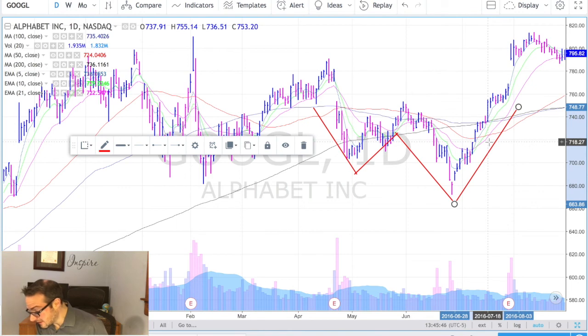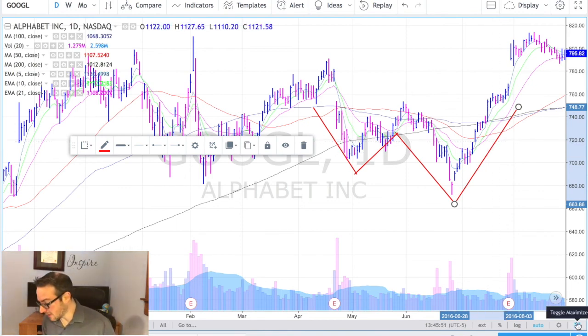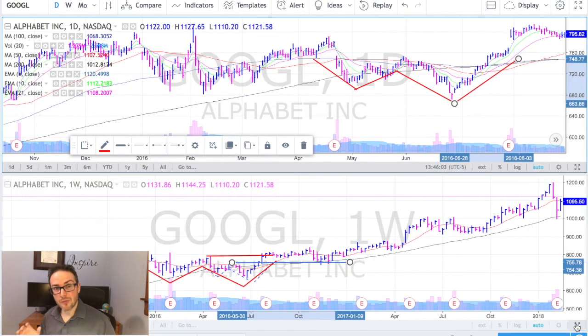So it could be that's how the market likes to fool you, and that's also why it's important to look at the volume not just on the daily chart, but also on the weekly chart, and to favor those weekly charts more, because it's giving you a bigger picture.